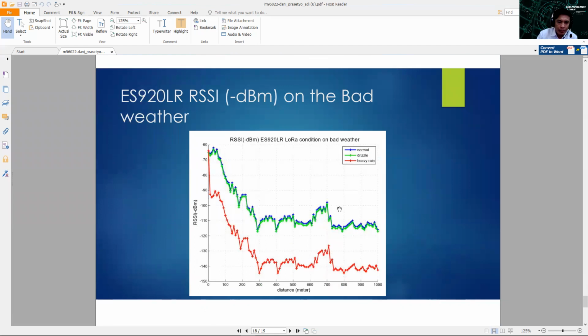And I tried to make a simulation of bad weather conditions. On normal conditions, at 1 kilometer it is around minus 115 dBm, and on drizzle there is no significant attenuation, but on heavy rain it is more than minus 140 dBm at 1 kilometer.